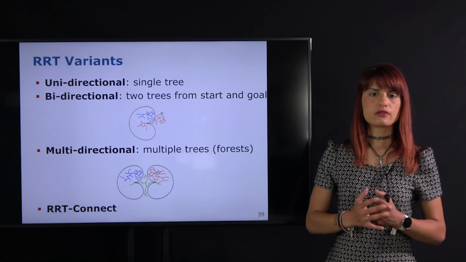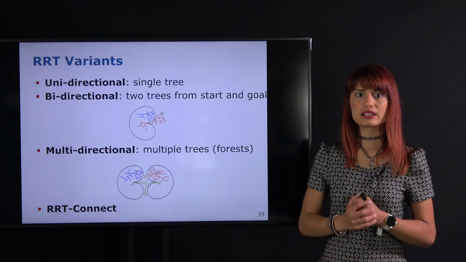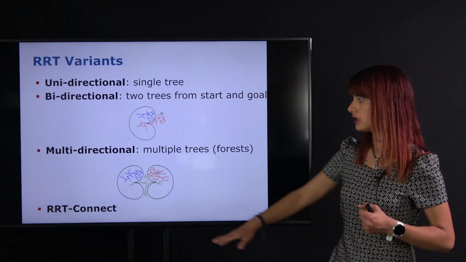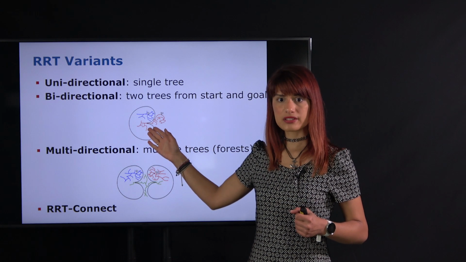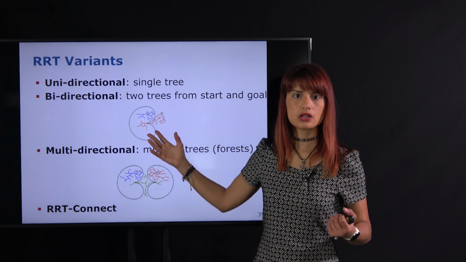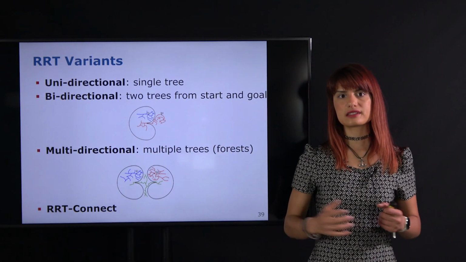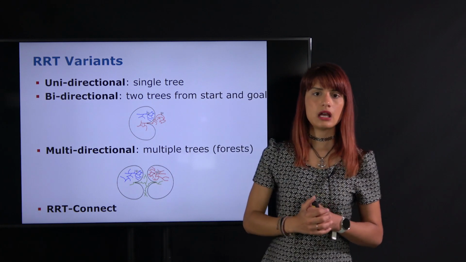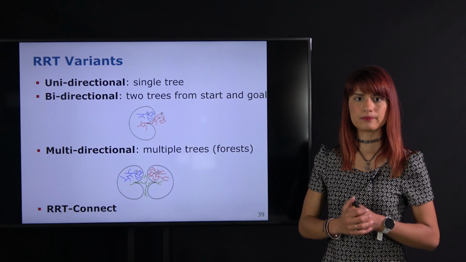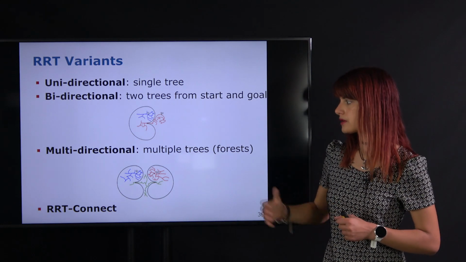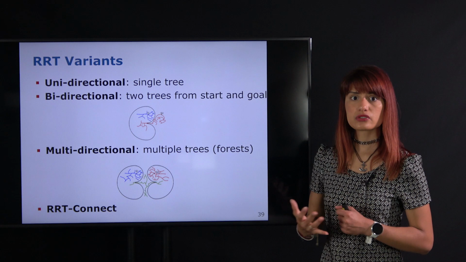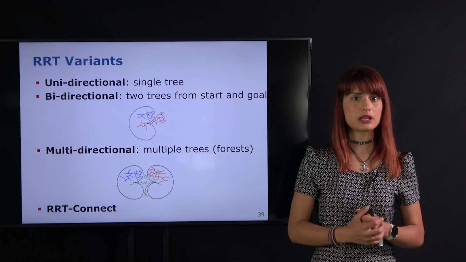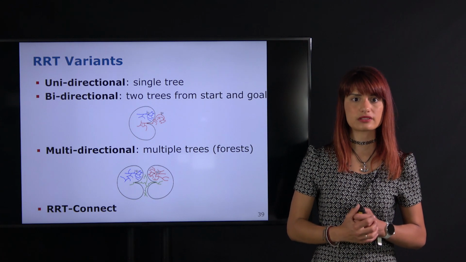But as before, obviously the algorithm that we choose really depends on our environment and its properties. In the case of narrow passageways, for example, we might want to consider using some specialized sampling strategies in the regions where there are many obstacles and low density of samples. So it's important in this case just to be aware that there are other variants of the RRT which can be helpful in particular situations.